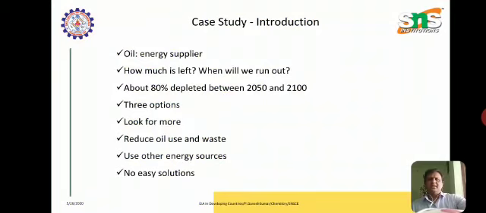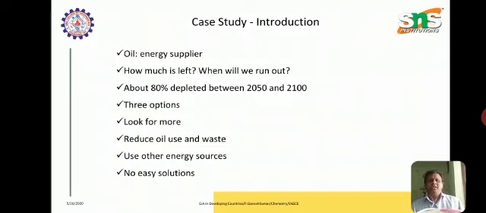So in this case study, with the introduction, mostly we use oil as a major energy supplier. We don't know how much is left and when we will run out. We have been continuously using it, the number of vehicles has been continuously increasing nowadays, and without any knowledge of our use and sustainability, we are utilizing it.